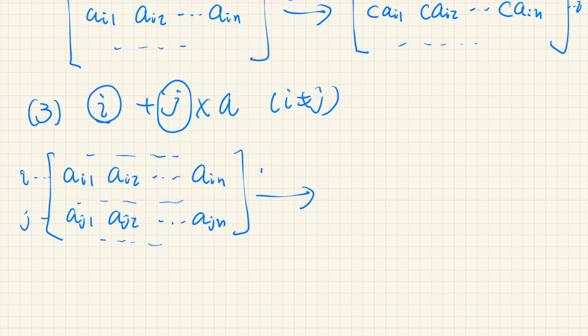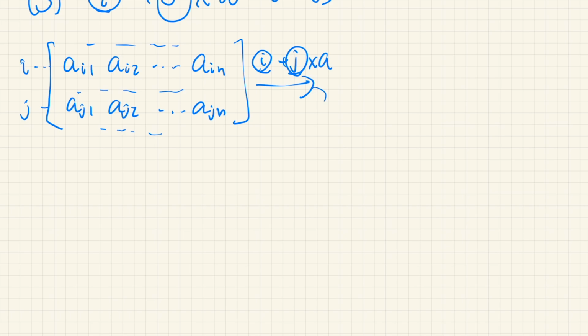Then, as a result of this operation, the new matrix becomes, so all the other rows are the same, and the ith row is changed.